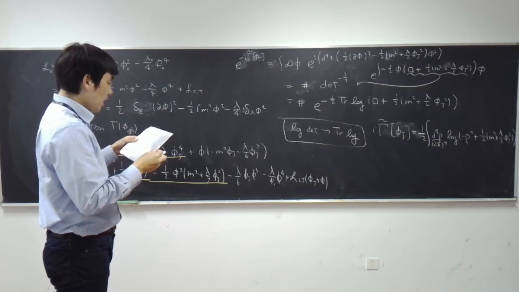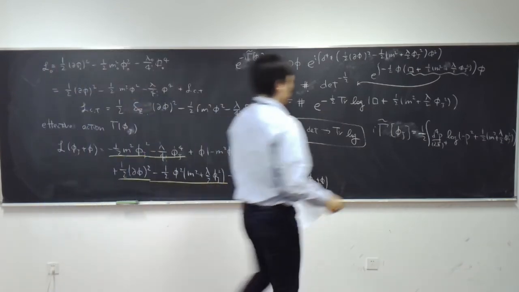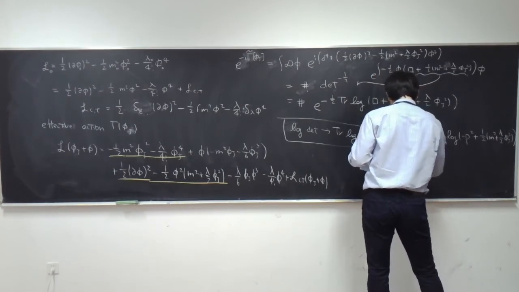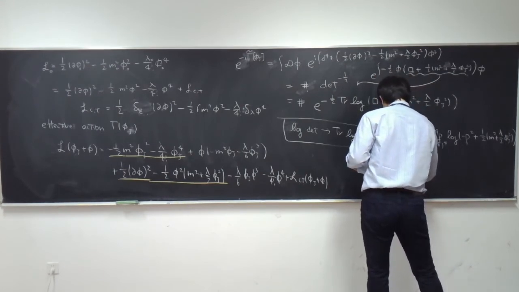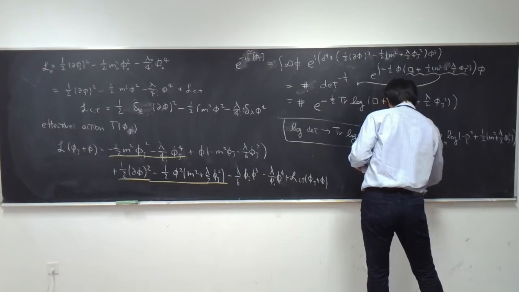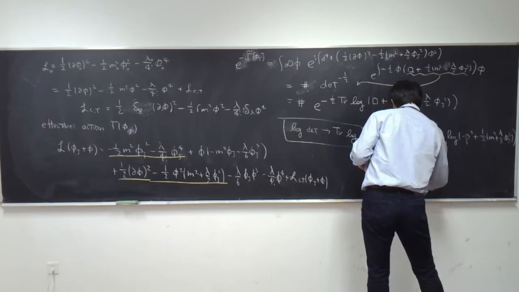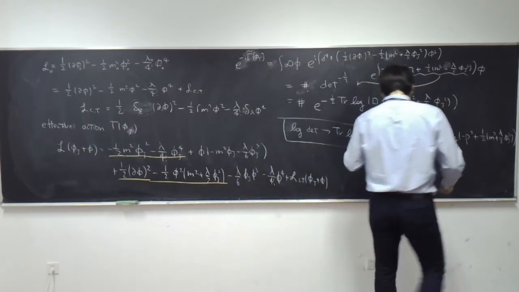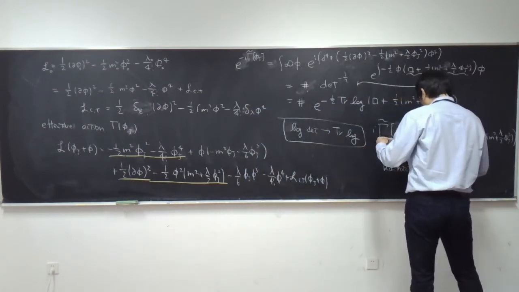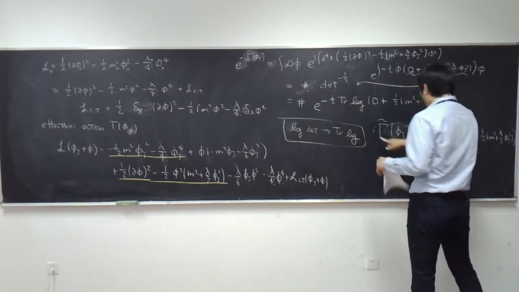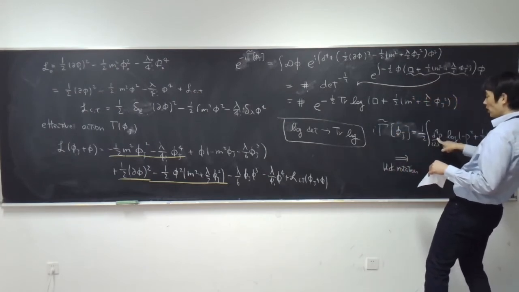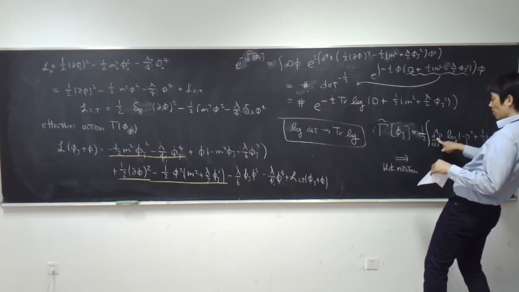Then I'm going to do the Wick rotation to get the Euclidean signature. The i will cancel with the Wick rotation of the zeroth component of the momentum.